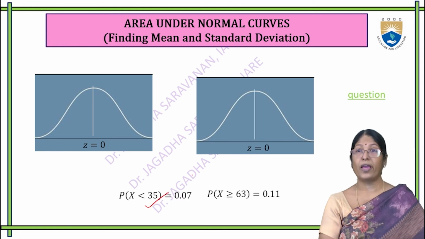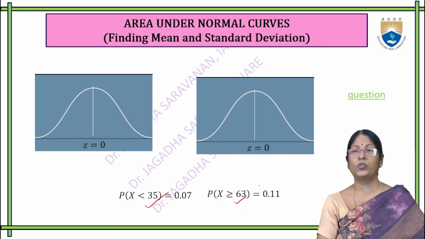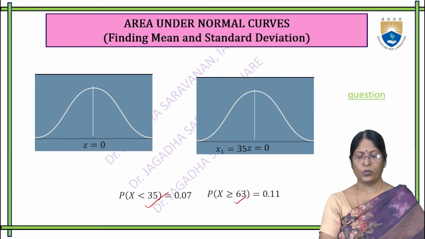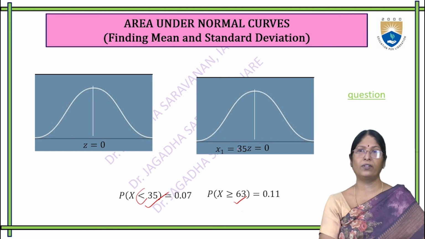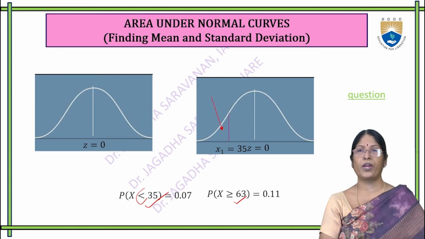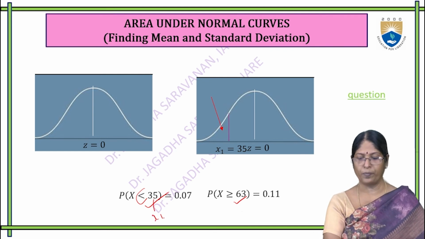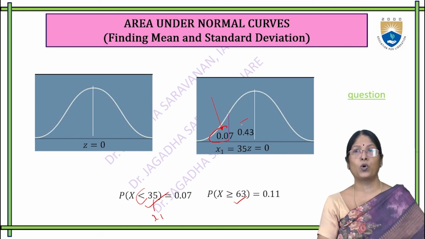X is less than 35, 0.07. X is greater than or equal to 63, 0.11. Because of the less than symbol, it gives an indication that Z1 is going to be on the left side. We have drawn the vertical line. The area given is to the left of this 35, that is our x1. So 0.07 is this part, and the remaining part we subtract from 0.5, so 0.43.